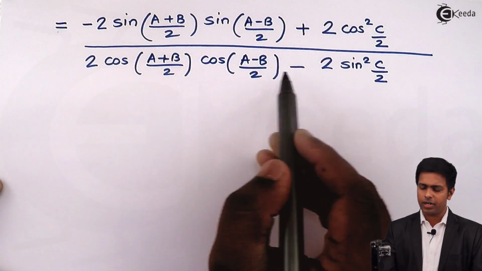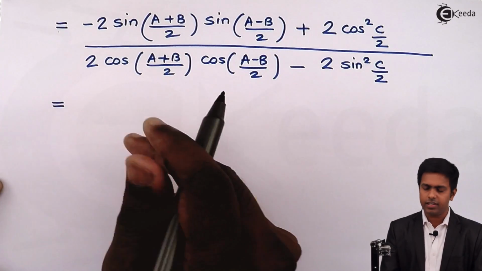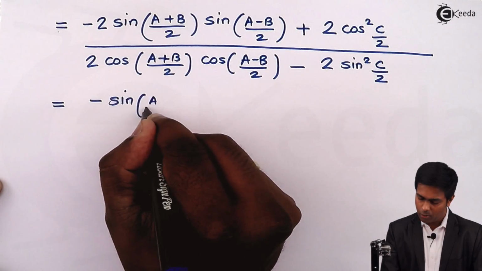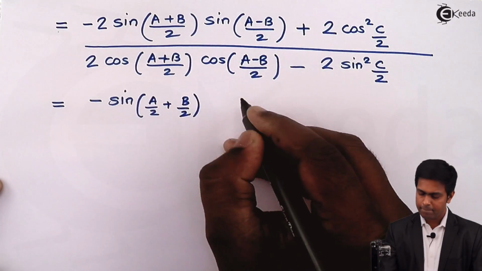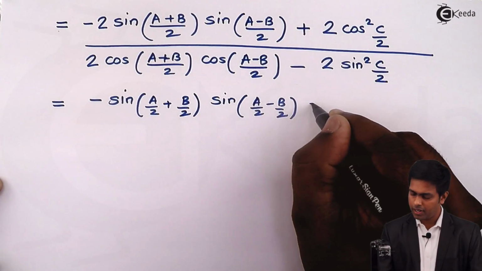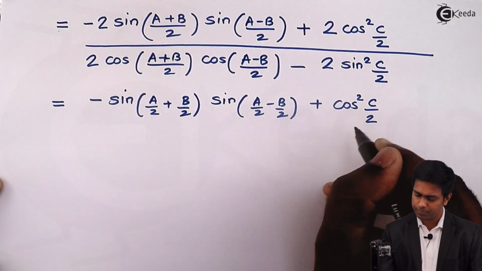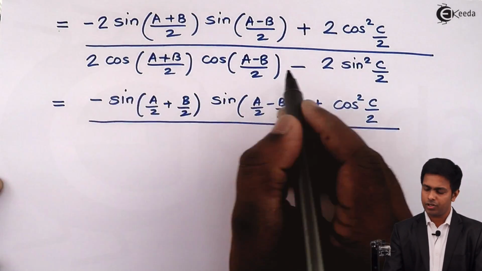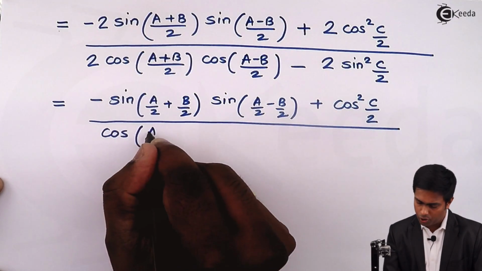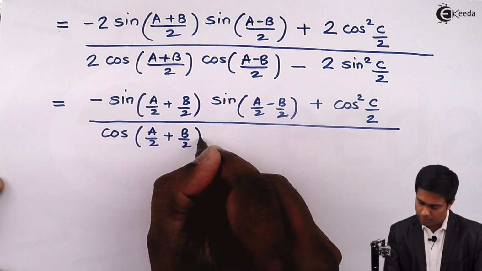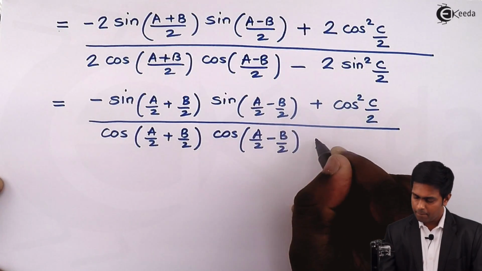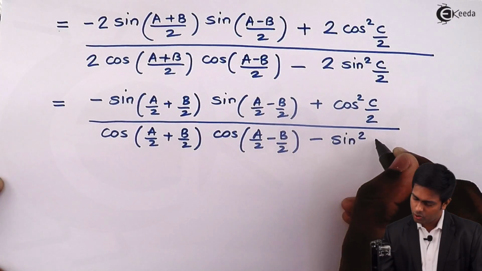Now from numerator and denominator I can take 2 common and it will be cancelled. So here we will get minus of sine (A upon 2 plus B upon 2) into sine of (A upon 2 minus B upon 2) plus cos square C upon 2, whole divided by cos of (A upon 2 plus B upon 2) into cos of (A upon 2 minus B upon 2) minus sine square of C upon 2.